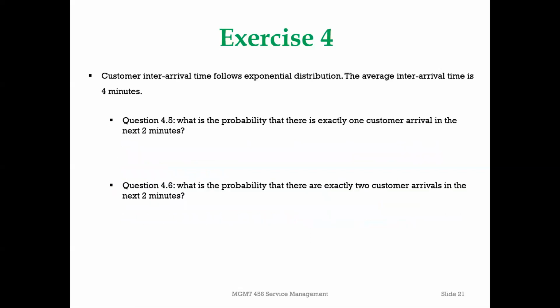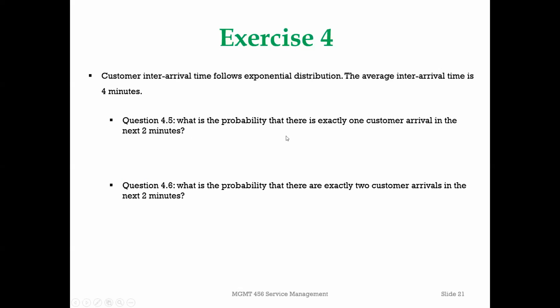Two more: question 4.5 and question 4.6. First, question 4.5: what is the probability that there is exactly 1 customer arrival in the next 2 minutes? As I said, only if you see no customer arrival in 2 minutes can you apply both distributions. Here we're talking about 1 customer arrival in 2 minutes, so the only distribution you can apply is the Poisson distribution.